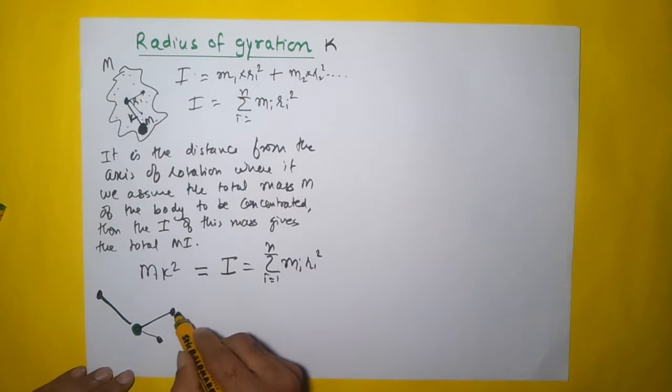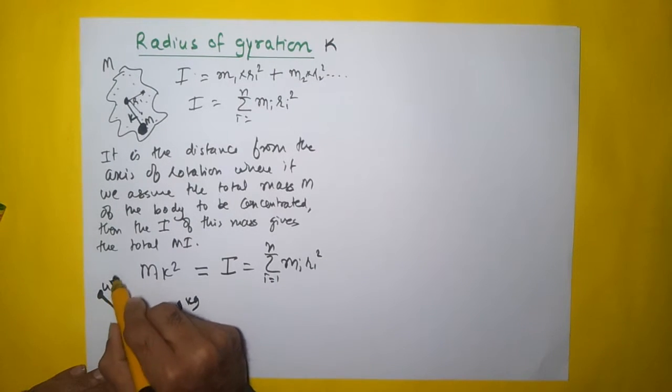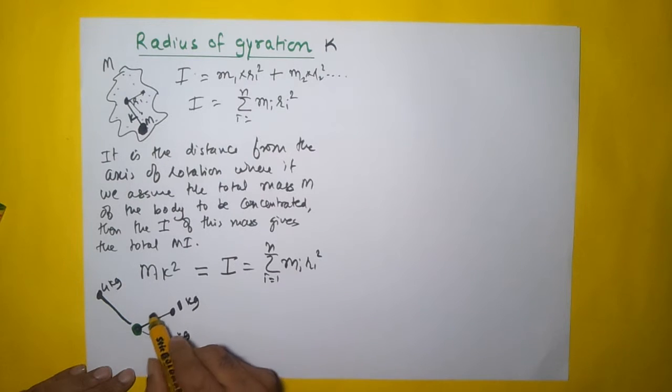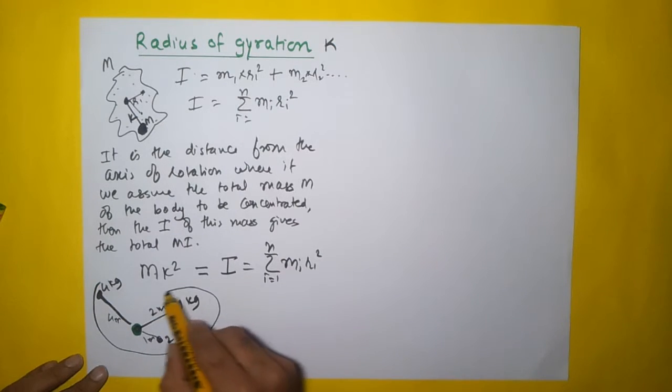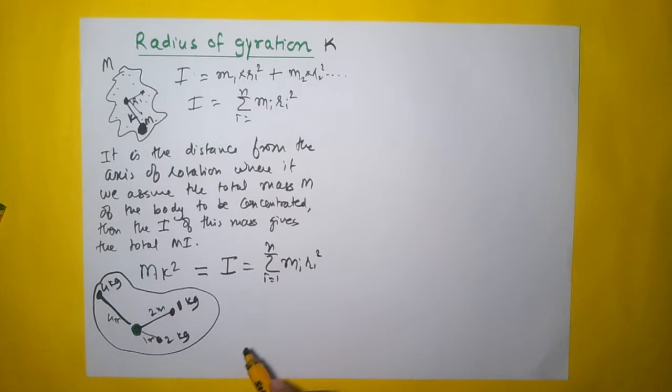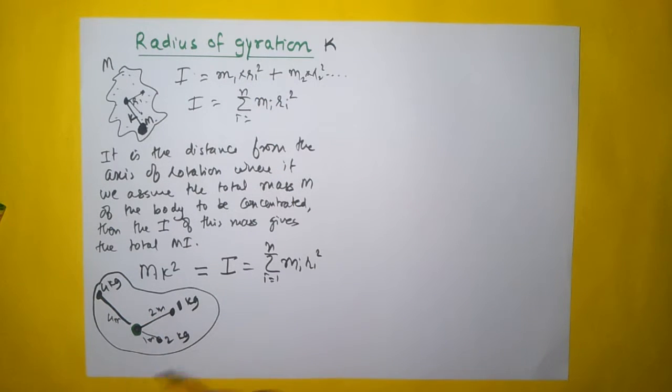Let us give these values: 1 kilogram, 2 kilogram, and 4 kilogram, at distances of 2 meters, 1 meter, and 4 meters. So this is a 3 mass body. Instead of taking n particles, we're taking 3 particles for ease of calculation.